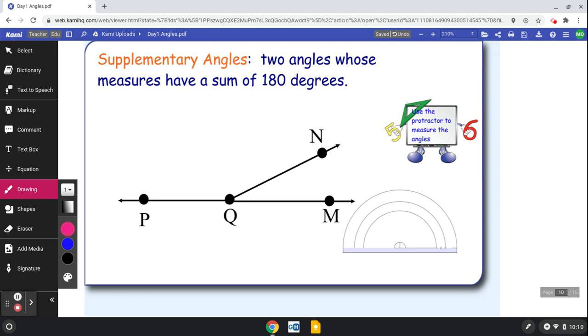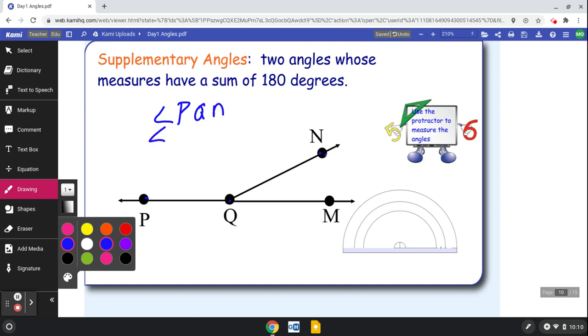Supplementary, those that make 180 degrees. So we have PQN. So angle PQN is supplementary with angle NQM. You notice the vertex one is always in the middle.